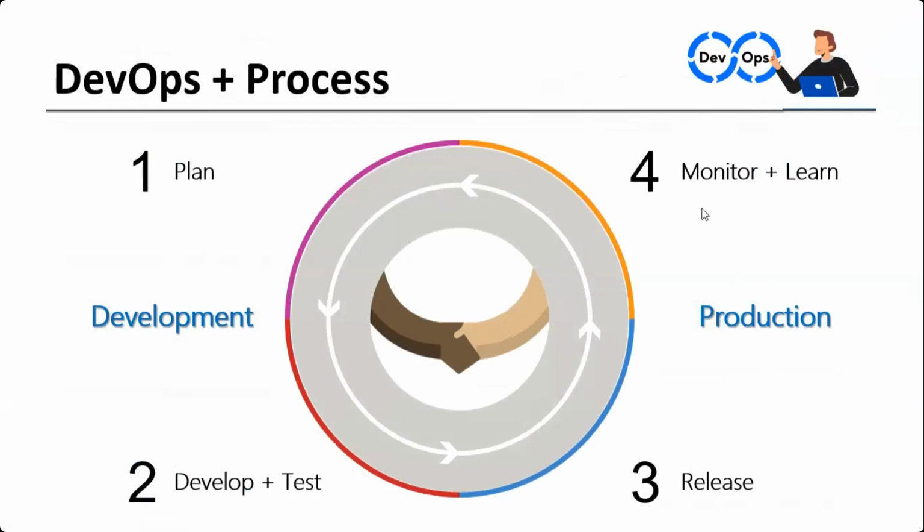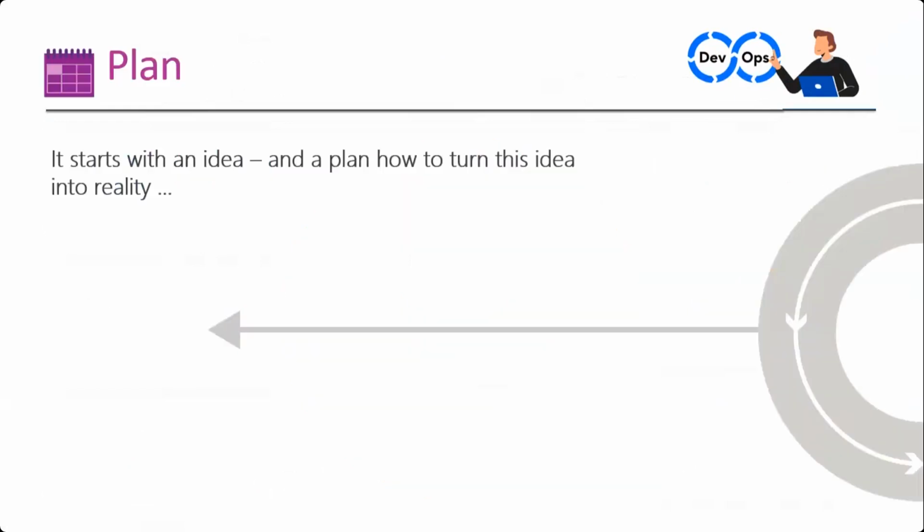This data is analyzed to identify areas for improvement and to ensure that the application meets user expectations. And most importantly, you feed the monitoring feedback into the planning phase, creating a cycle of continuous improvement. So this is the DevOps process.